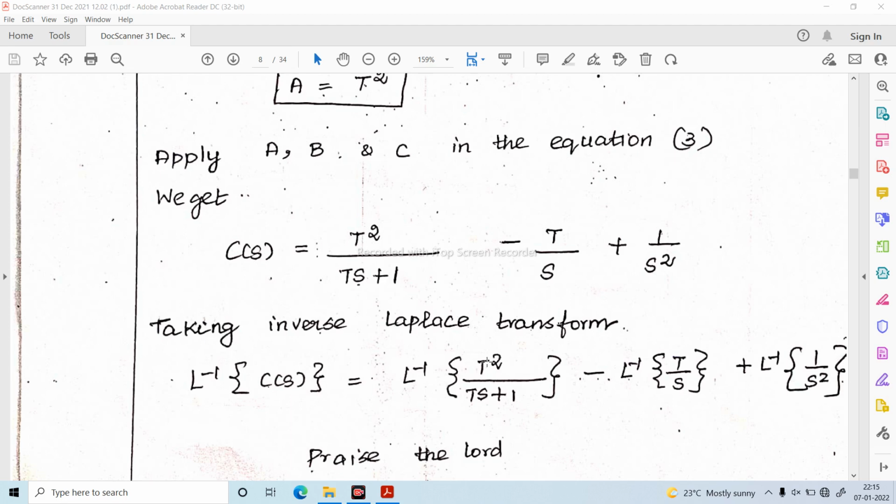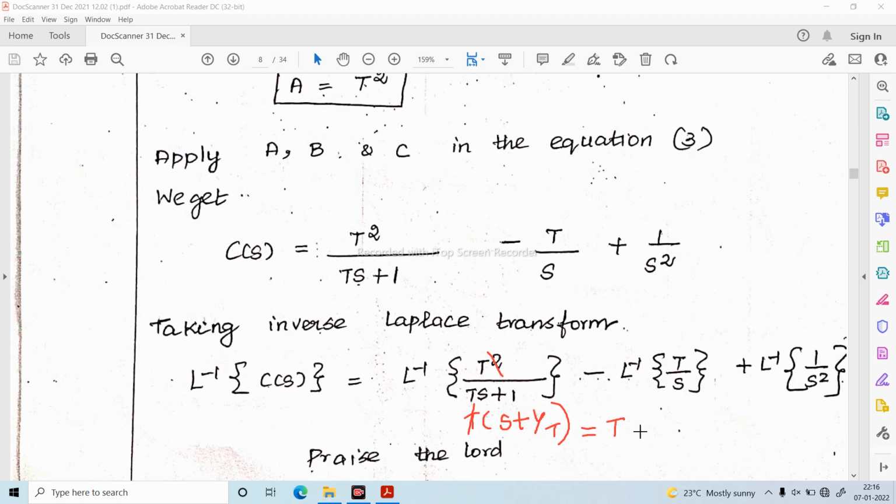So for this T square, I am going to take T outside, so s plus 1 by T. For the second term, no problem, and third also no problem. So this T is cancelled with this T square. So finally we get the answer. What is the Laplace inverse of T divided by s plus 1 by T?